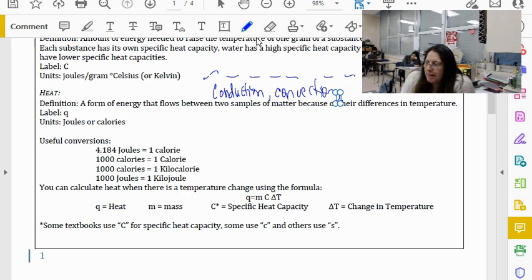Get it from the sun. Radiation. There you go. So those are the 3 ways that heat moves: conduction, convection, and radiation.